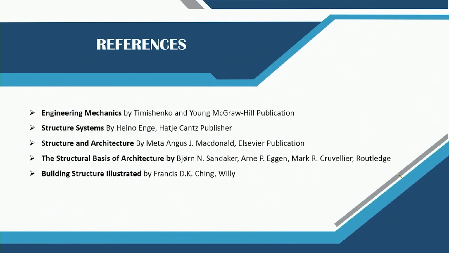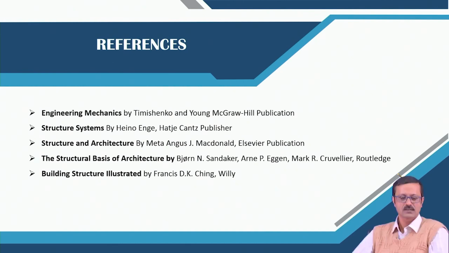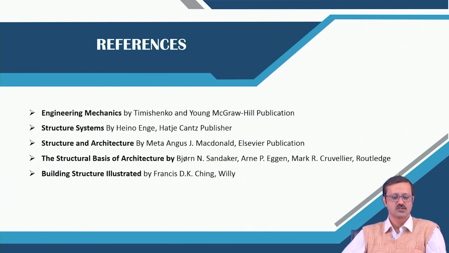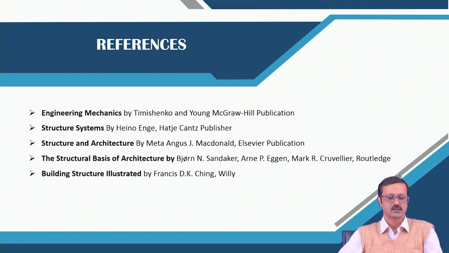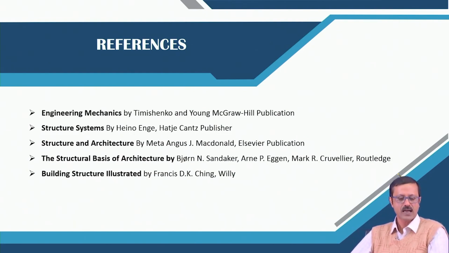I have taken the reference from some books. Timoshenko and Young is an engineering mechanics book, which I have already told you is the Bible in engineering mechanics. That book also covers a chapter on the catenary and the funicular polygon, so I have taken help from that, and there are some other books also.